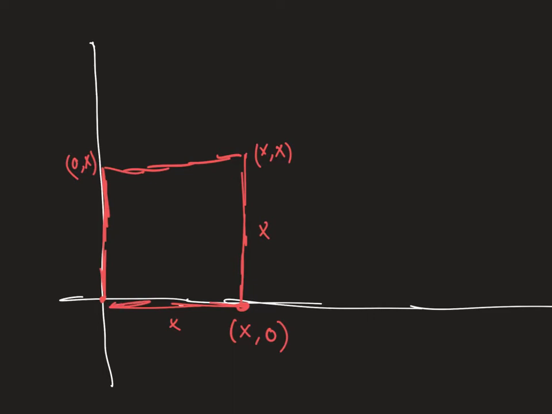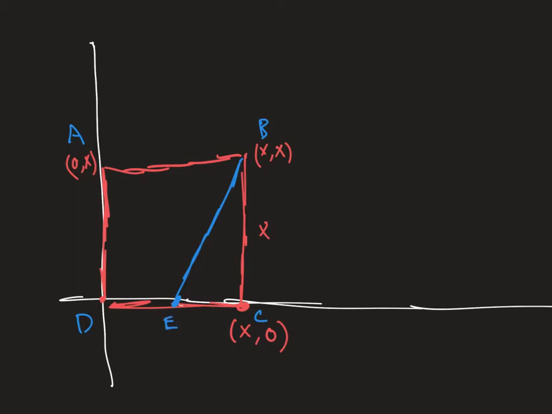So now let's fill in the rest of what we know. So we'll say this is D, A, B, C. So we know that point E is the midpoint of DC. So then what do we think the coordinate of E is?